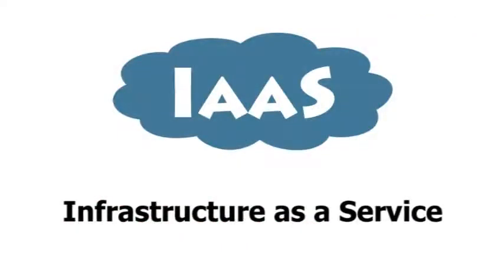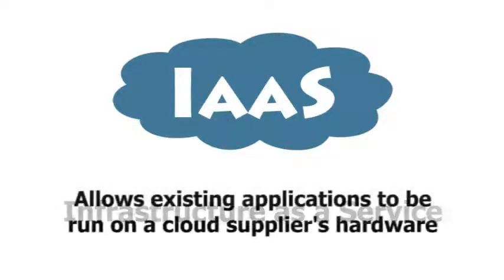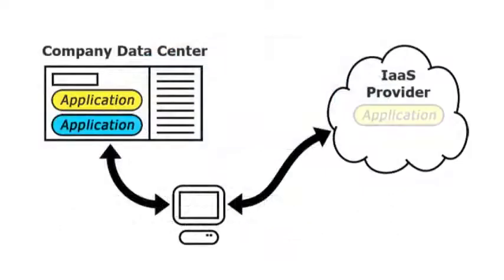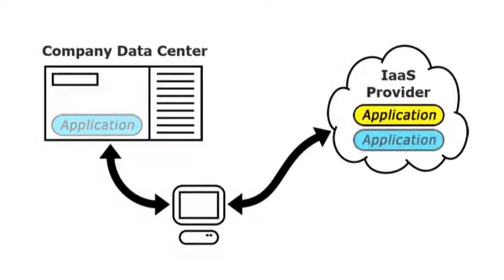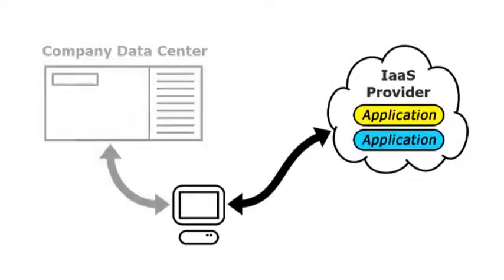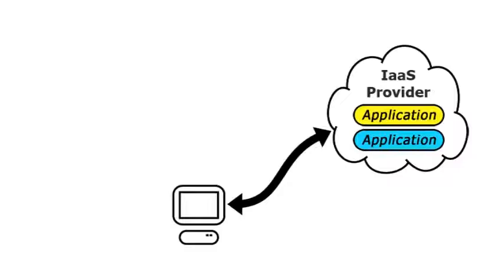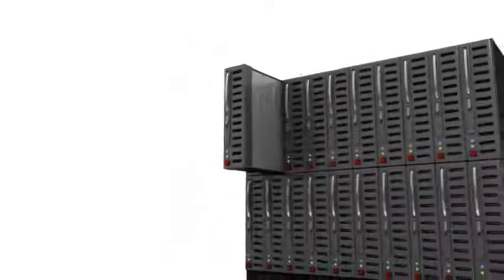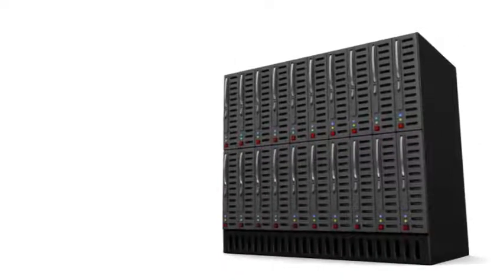Infrastructure as a Service or IaaS allows a business to run whatever applications it requires on a supplier's cloud hardware. This means that existing applications can be migrated from a company data center in order to reduce IT costs. The fundamental unit of cloud infrastructure is the server.